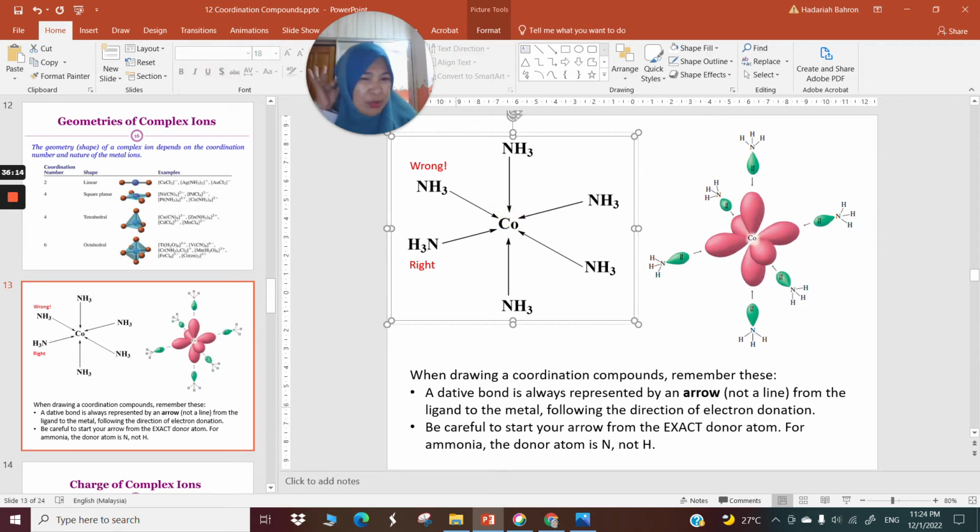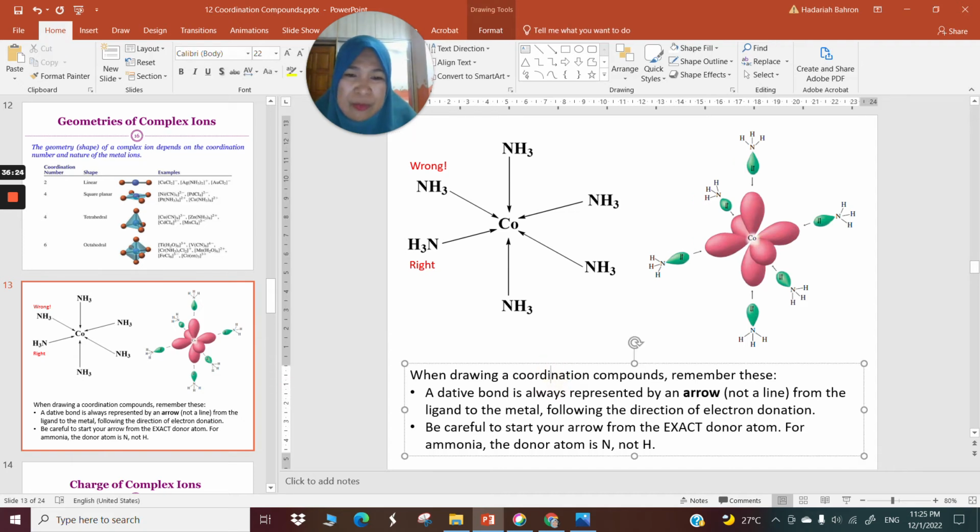Now remember, there are 2 things that you must remember when you are drawing the coordination compound. 1, a dative bond is always represented by an arrow, not a line. It's not simply a single line like covalent. A dative bond or dative covalent bond is always an arrow.